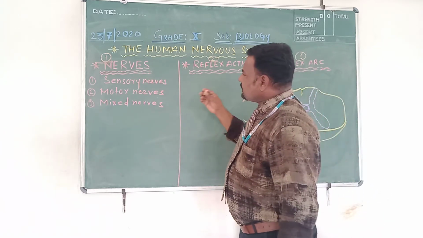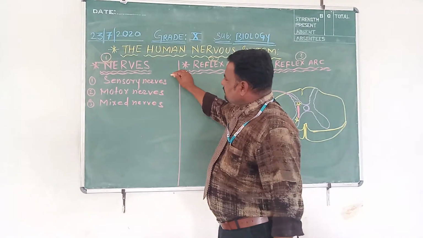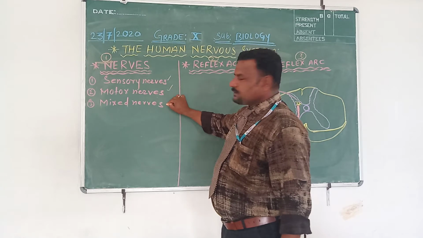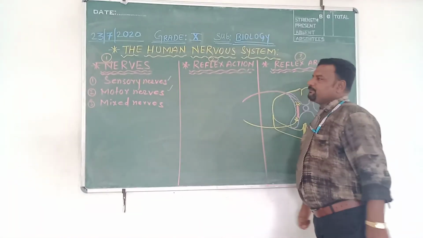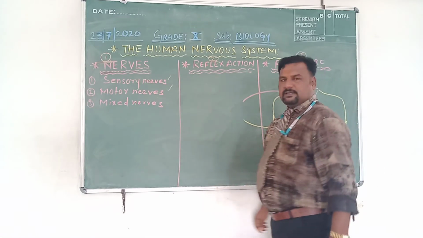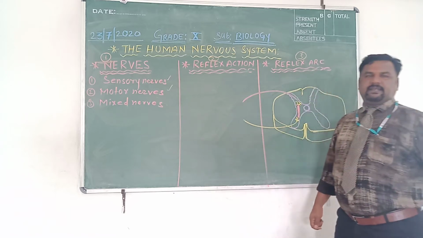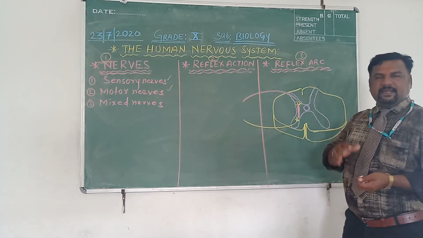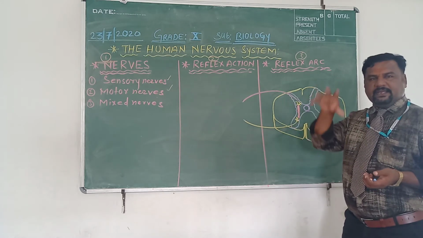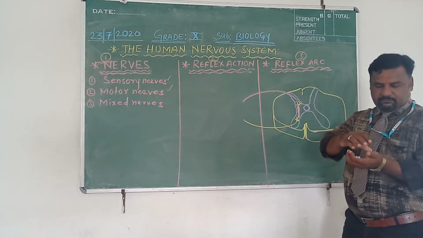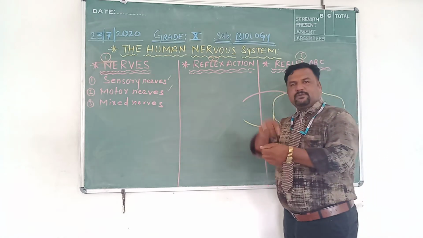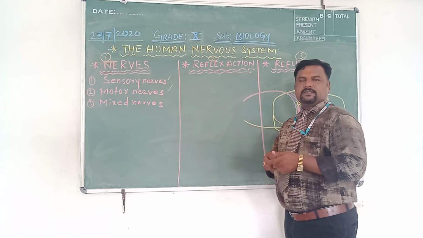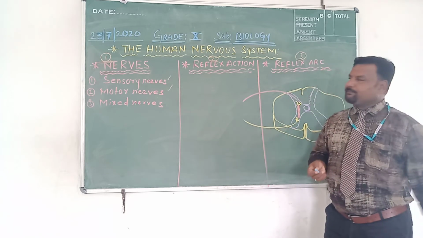Nerves are further classified as sensory nerves, motor nerves and mixed nerves. Sensory nerves have only sensory fibers in them, and they carry the nerve impulse when any stimulus is applied at the effector organ, the site where the stimulus is applied, to the spinal cord and brain.